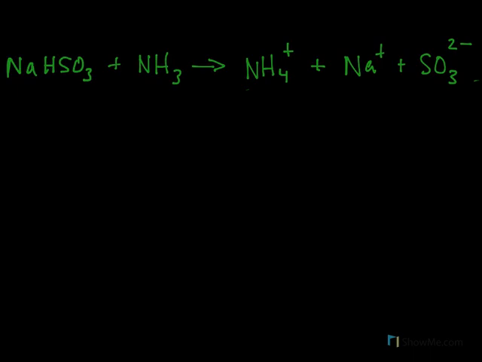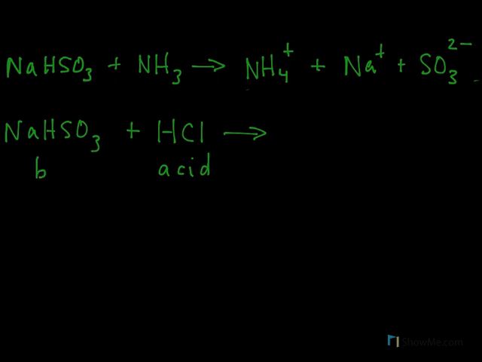Now let's say we had the same reactant here, but we now are going to hit it with hydrochloric acid. In this reaction, HCl will be the acid and HSO3 minus is going to be the base.